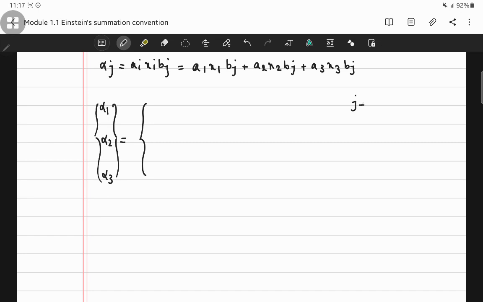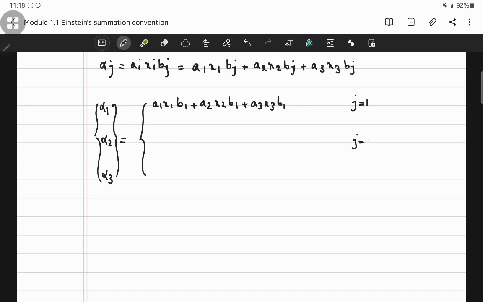For j equal to 1, we have alpha 1, then a1 x1 b1 plus a2 x2 b1 plus a3 x3 b1.